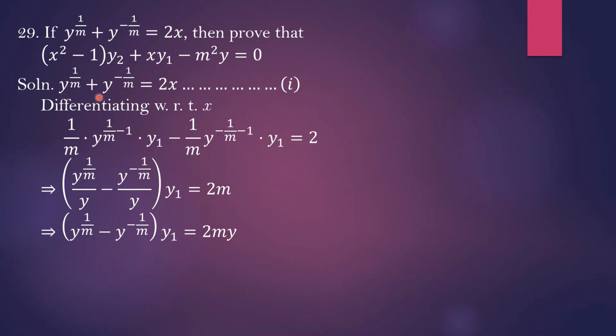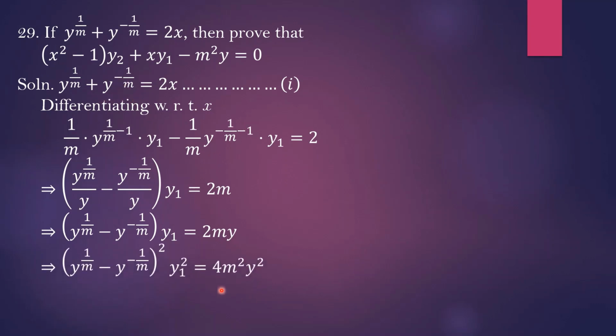Look at this line. Now we have a formula that a minus b whole square is equal to a plus b whole square minus 4ab. So think of this as a minus b. First I will take the whole square, then apply this formula, and in place of a plus b I can write twice x. See, a plus b means y to the power 1 by m plus y to the power minus 1 by m.